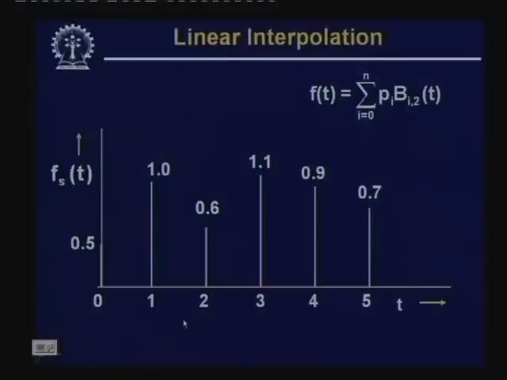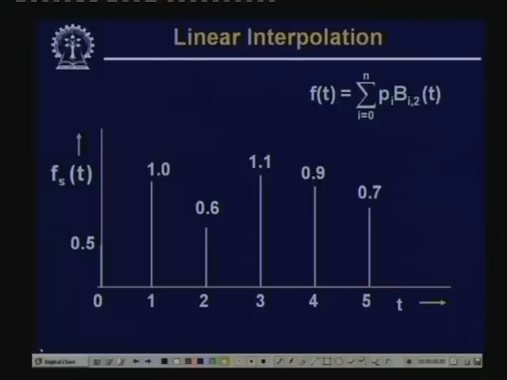In case of linear interpolation, f(t) is given by the sum of p_i into b_i2(t), where we have to take the summation of all these terms for values of i from 0 to n. So, what do we get in this case? We have said that b_i2(t) is nothing but a linearly increasing and decreasing function.